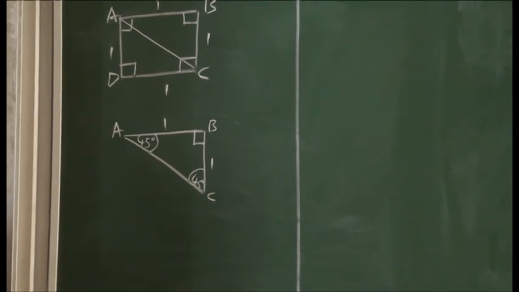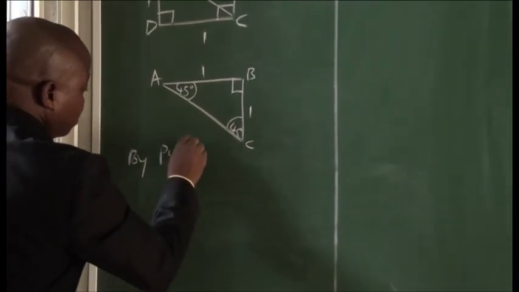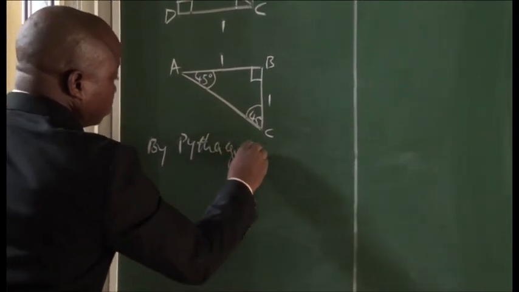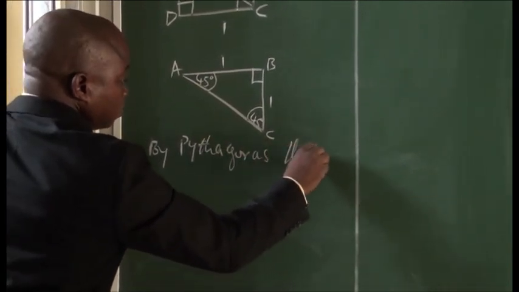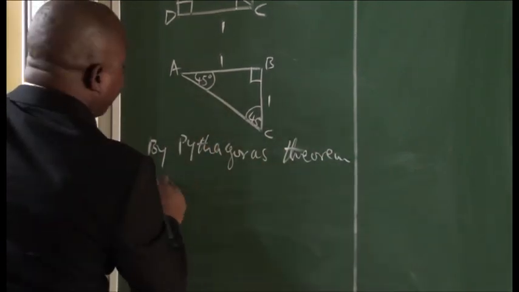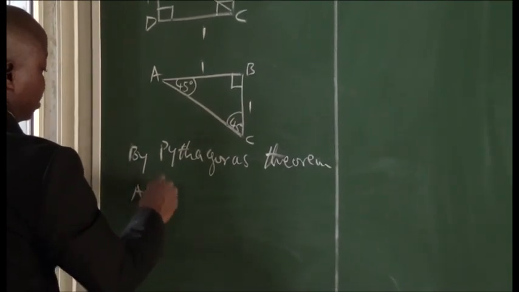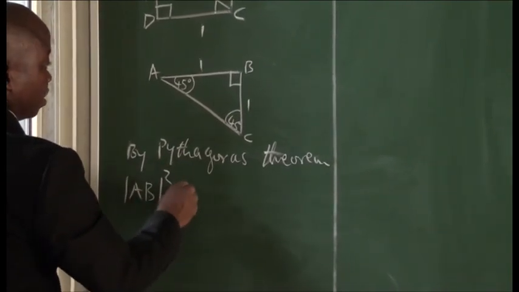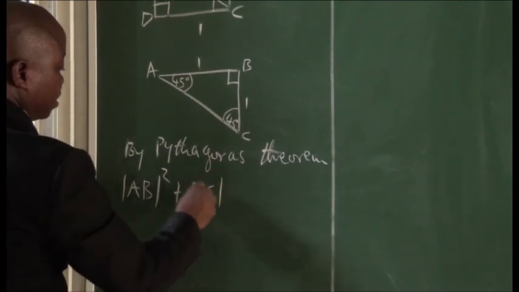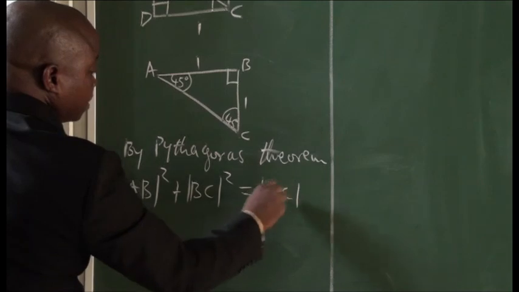So here, by Pythagoras theorem, I have that AB square plus BC square will be equal to AC square.